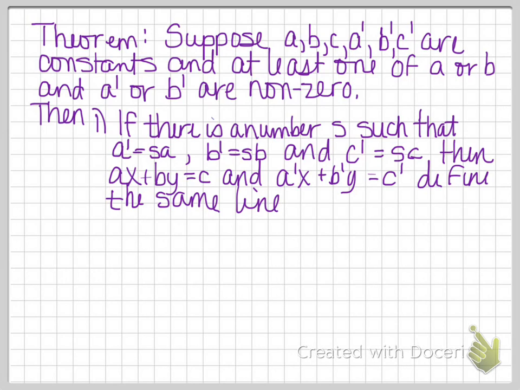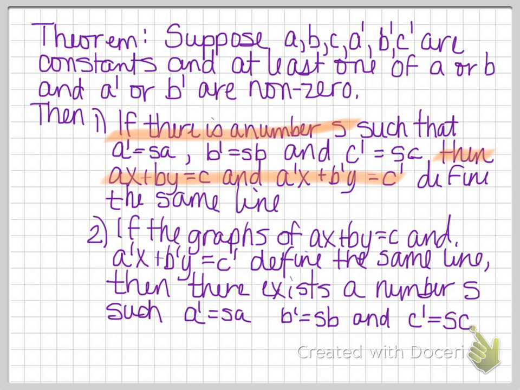Okay, so that one is saying if there is that number s, then those equations define the same line. And likewise, if the graphs define the same line, then there exists a number such that that's true.